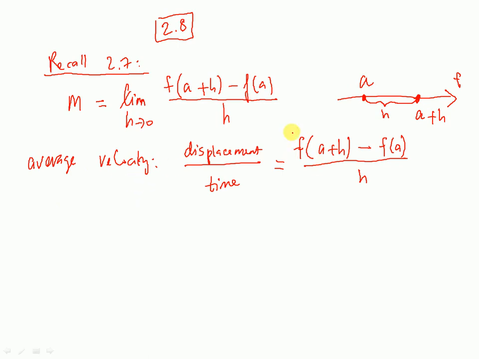So the same thing here. When we let h approach 0, we are finding the average velocity of two points. The first point is a, the second point is a + h, very close to a.